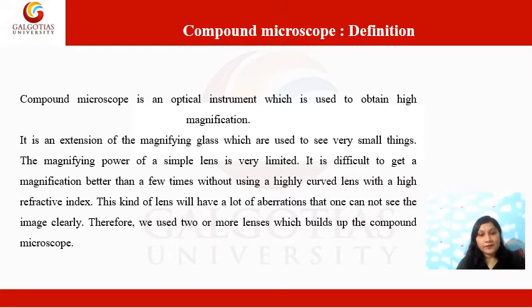It is difficult to get a magnification better than a few times without using a highly curved lens with a high refractive index. This kind of lens will have a lot of aberrations, so one cannot see the image clearly. Therefore, we use two or more lenses, which build up the compound microscope.